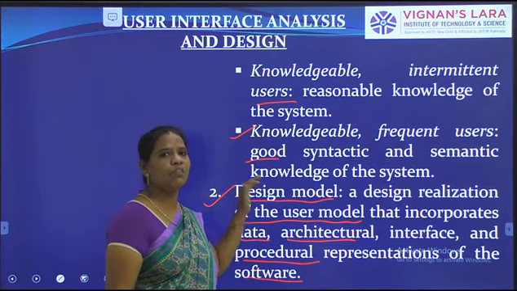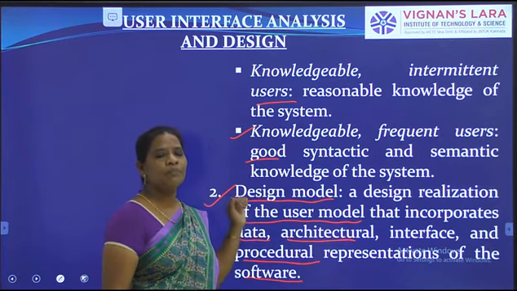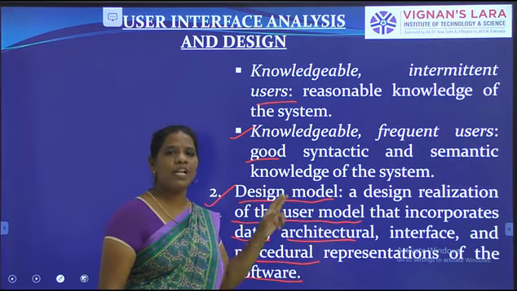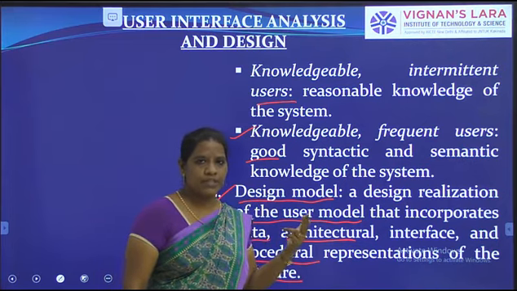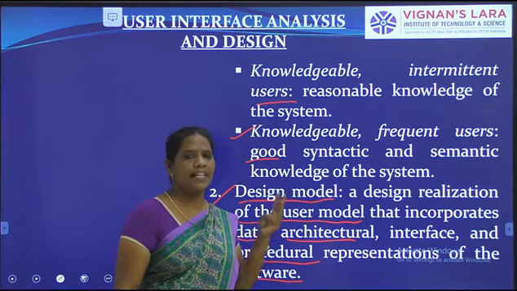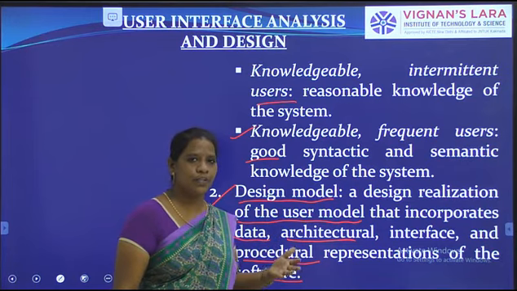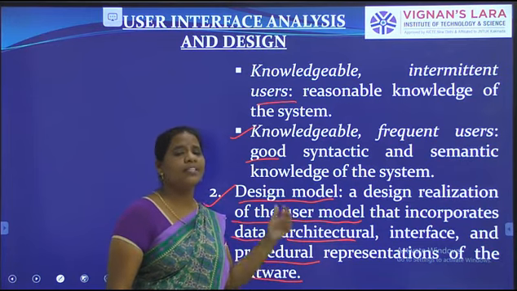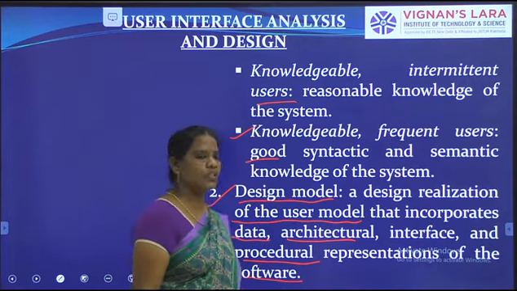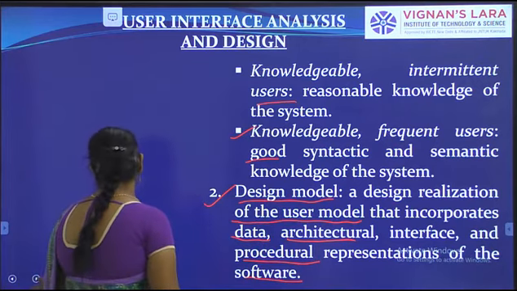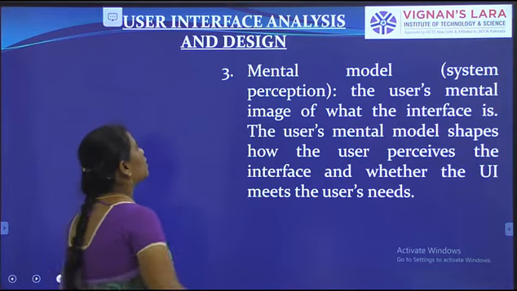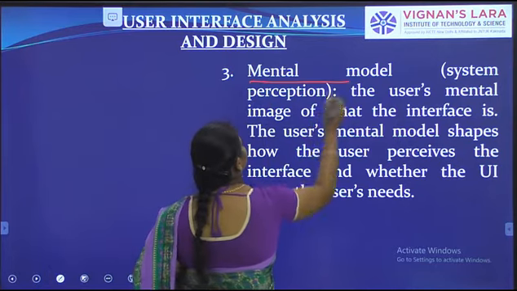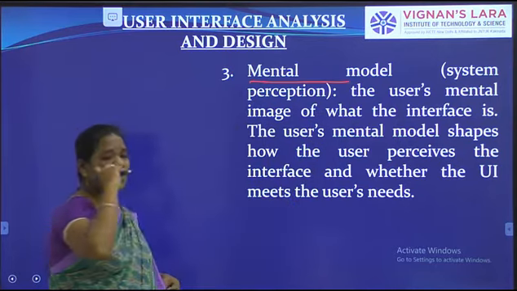That means the design model will be based upon the user model, because the user model is according to the users. According to the 3 categories of users, this design model will be based on that, according to software usability. And next, the third one is the mental model. That is like a system perception.